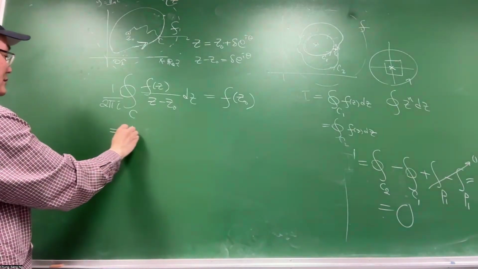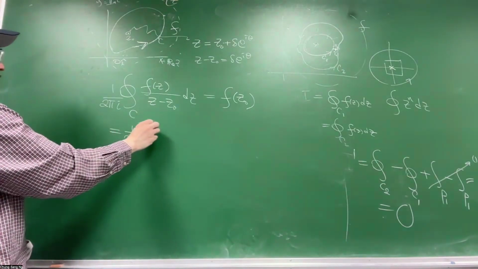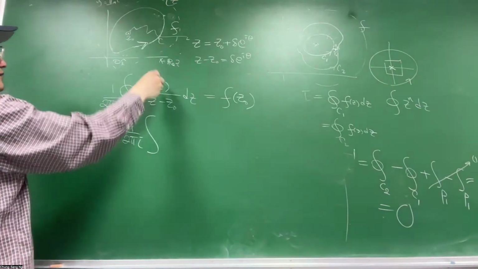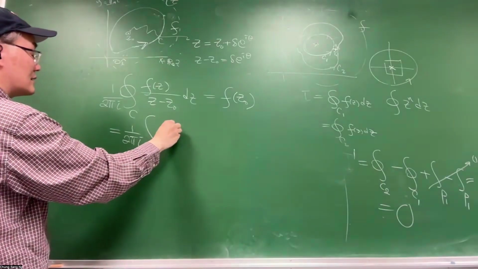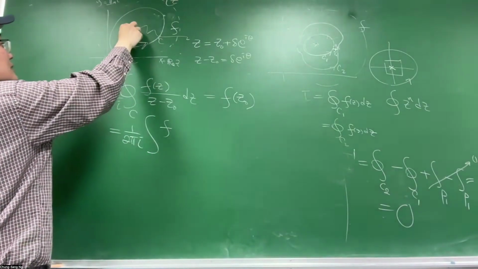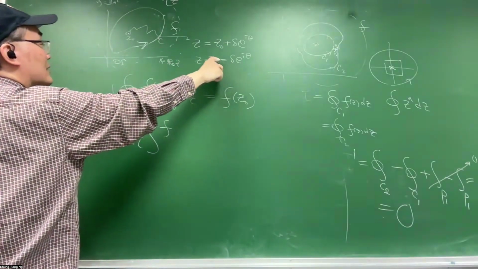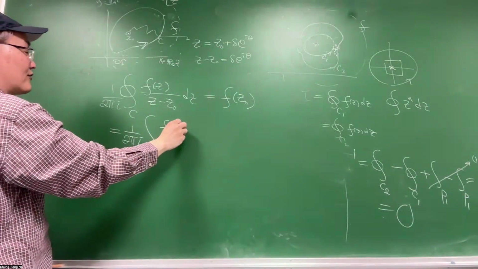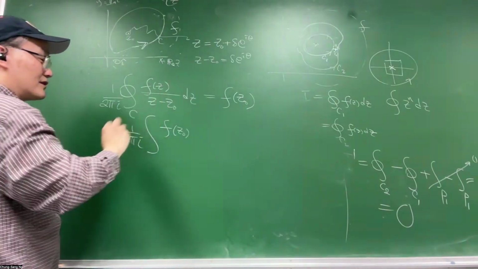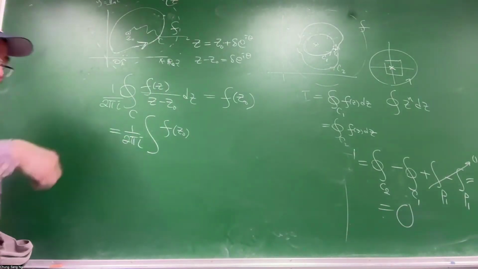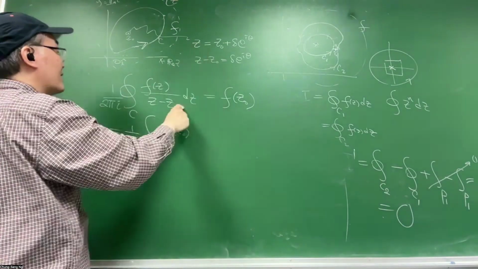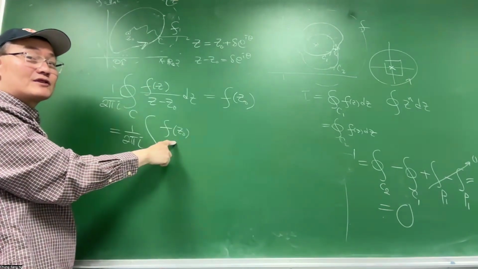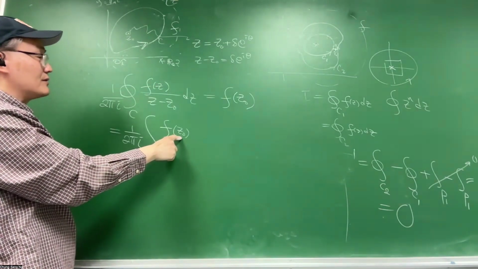So this will be equal to keeping the coefficient in front. Now you're going through this little circle instead of C. Because delta is so small, c is almost like c sub 0. For a well-behaved function, as long as it doesn't jump violently at c sub 0, the f value on this path is almost the same as the f value at c sub 0.